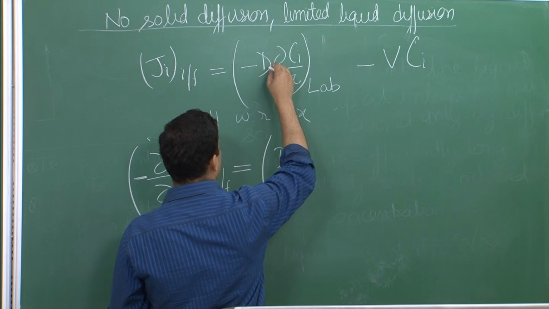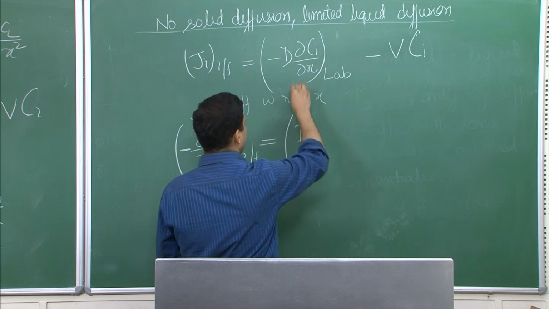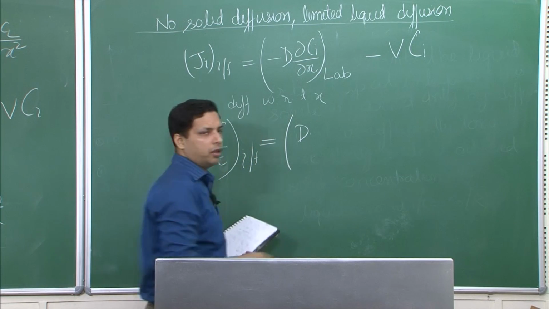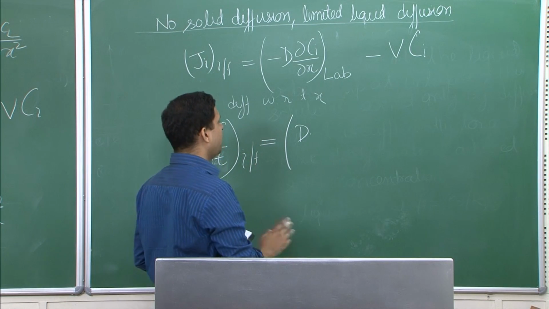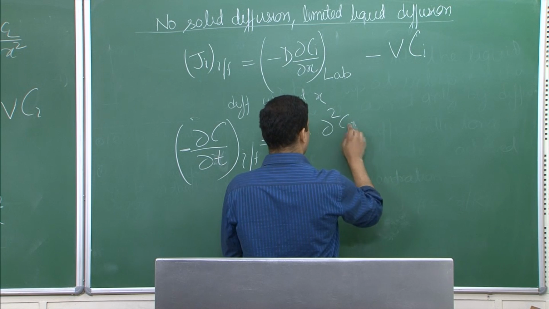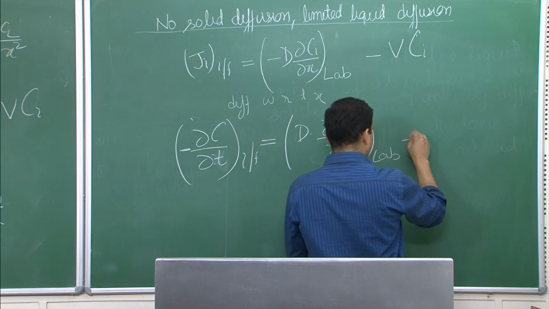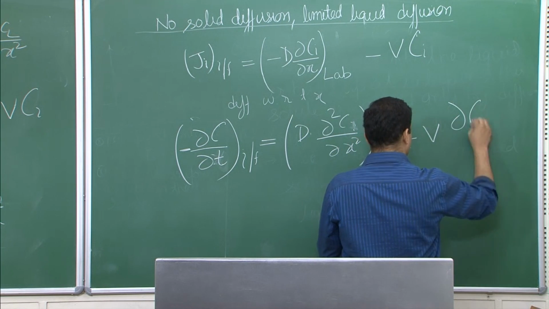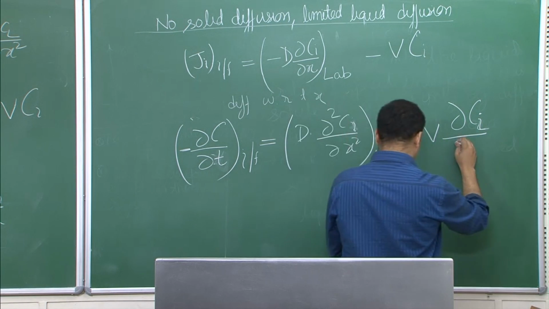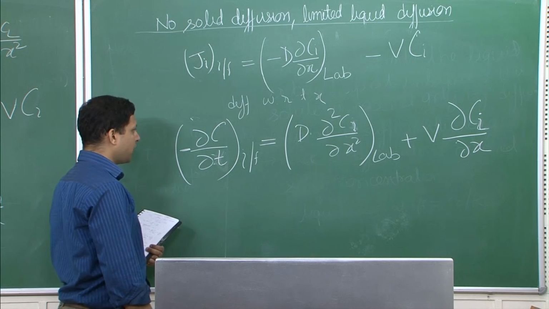For the sake of uniformity, since this is for a general system, we will keep it D and not use any subscript like DL, which we will use later when we talk about diffusivity of liquid, but for now we are letting it be just D. This is in the lab reference frame plus V, this is for the ith plane. So this is how it looks.